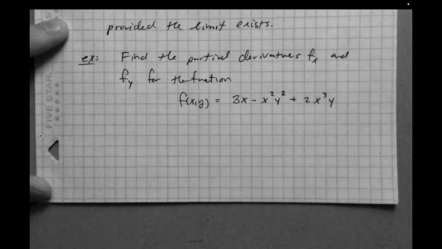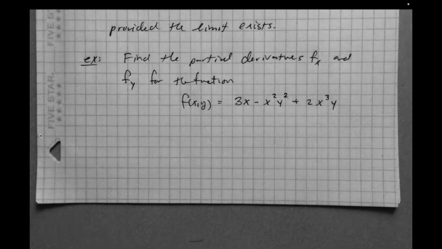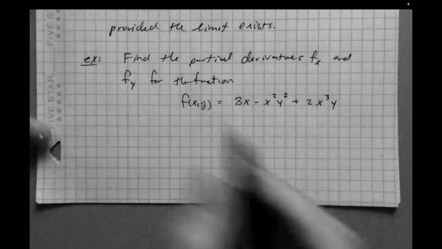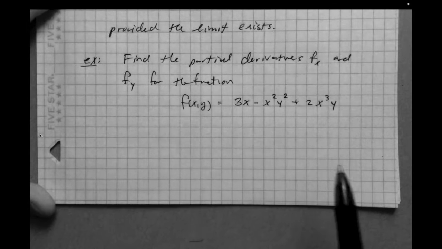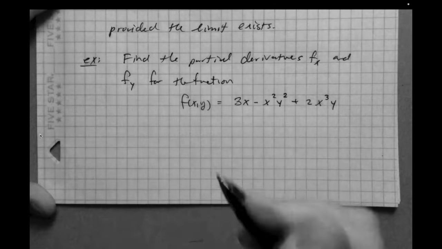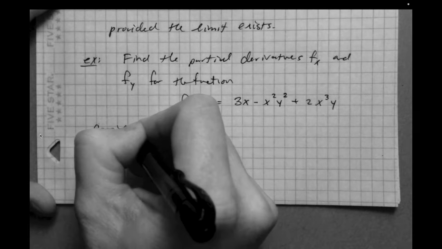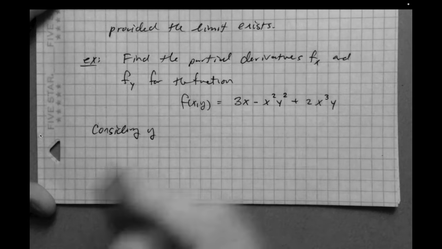Okay, so nice polynomial here. And we're asked to just find the two partial derivatives. Partial derivative with respect to x, partial derivative with respect to y. And so we'll start by trying to find the partial derivative with respect to x. So here's the way to think about it. You want to consider y to be constant.